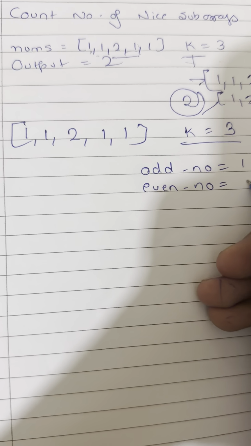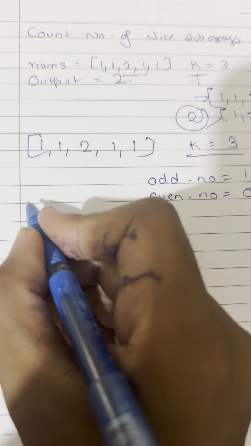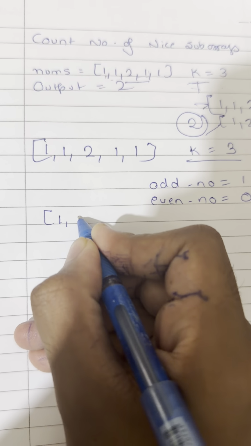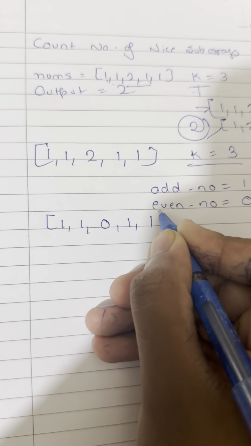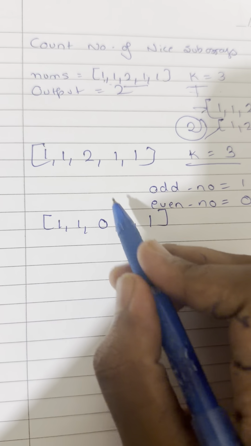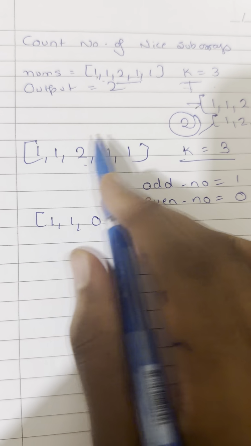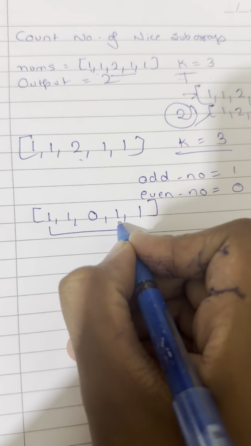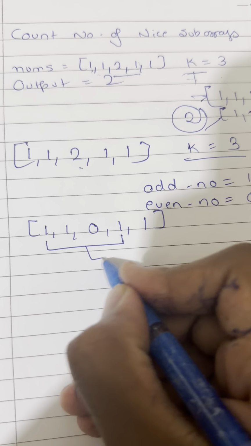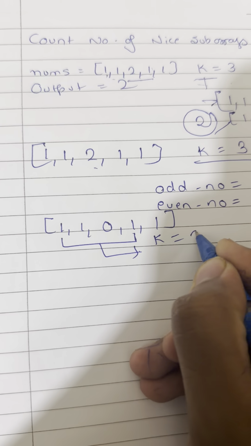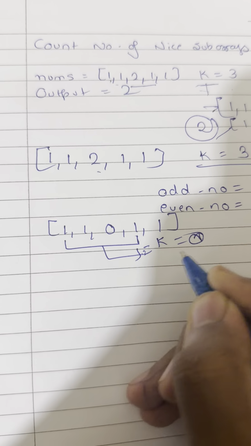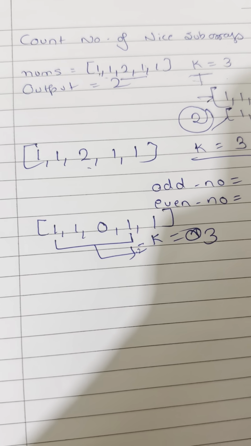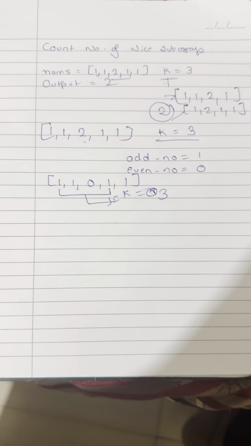How could this help us? We convert the array to 1 1 0 1 1, so even numbers become 0 and odd numbers become 1. Now we take the sum of a subarray, and if its sum is equal to k, then it's a nice subarray.